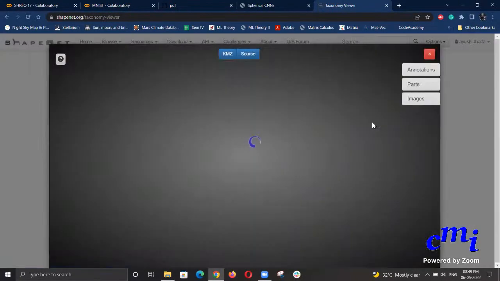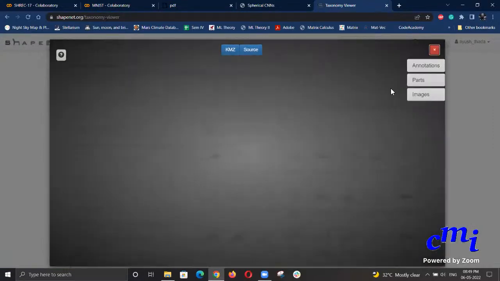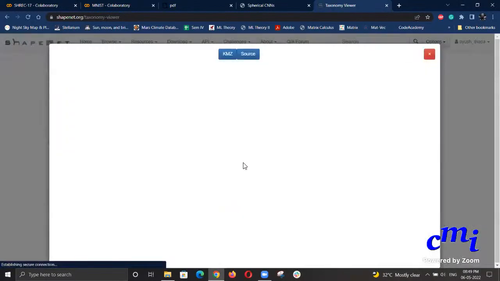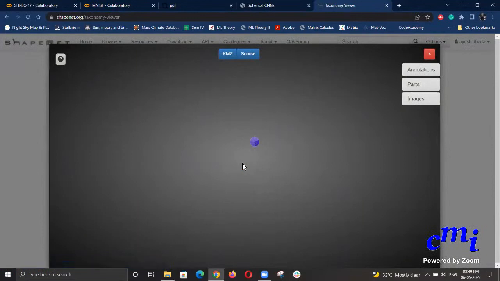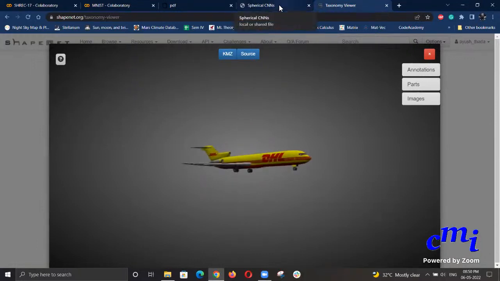It's a collection of about 51,000 such objects, and there are 53 classes. There are airplanes, sofas, TVs, libraries, books, chairs, and these types of objects. In case of spherical CNN, it is pretty straightforward because we are directly projecting the images over the sphere.